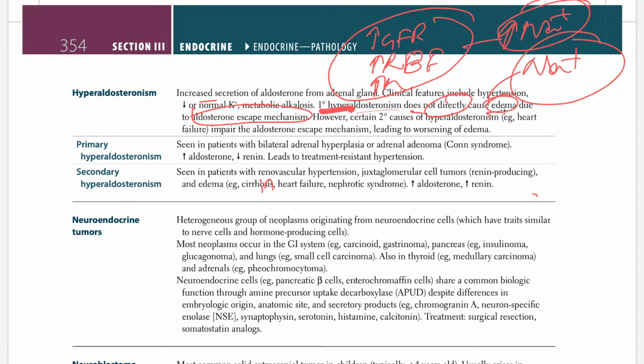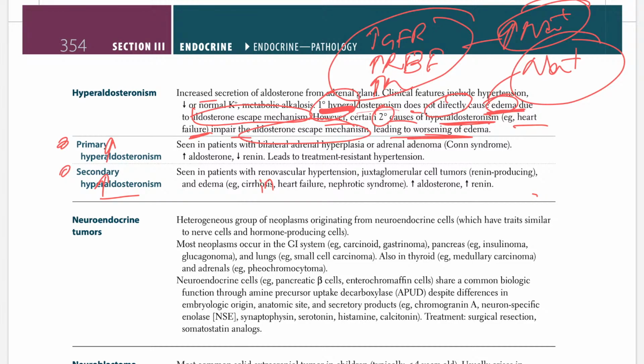Okay, so no edema with the primary aldosteronism, but secondary aldosteronism, example, if you have a heart failure, impairs the aldosterone escape mechanism, leading to worsening of edema. Okay, then let's talk about now the primary hyperaldosteronism, increase in aldosterone, and secondary hyperaldosteronism.